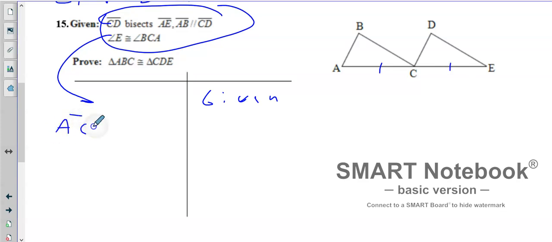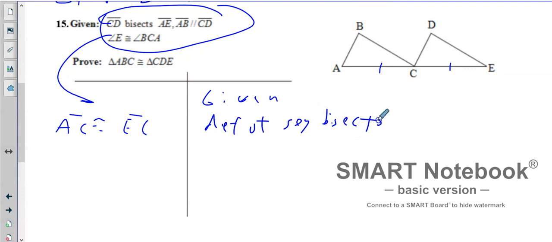So AC is congruent to EC, by definition of segment bisector. We also know that AB is parallel to CD. So I put these little triangles here. And we know that E is congruent to BCA.